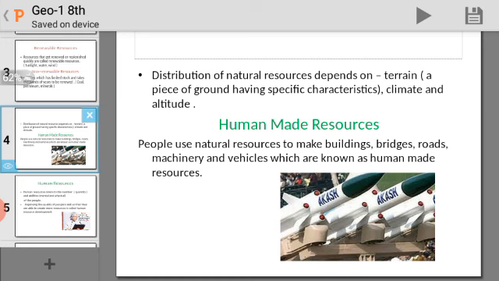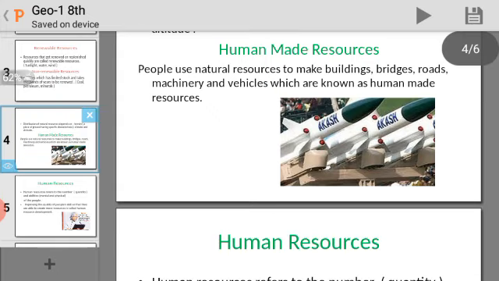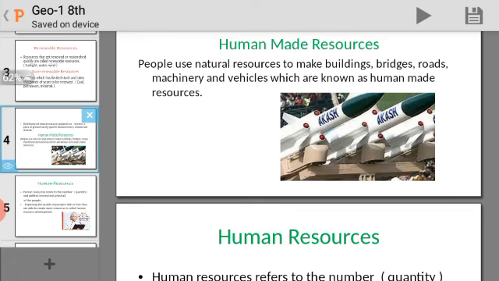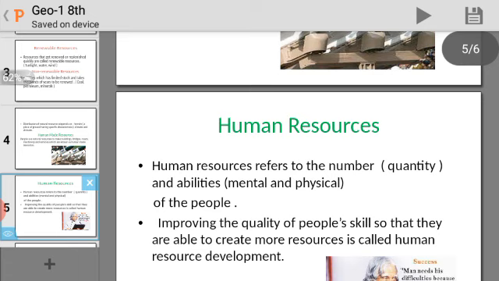People use some natural resources to make buildings, bridges, roads, machines and vehicles. These are all known as human-made resources, in the sense resources which are made by human beings.